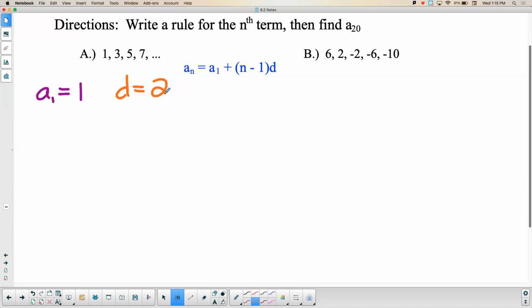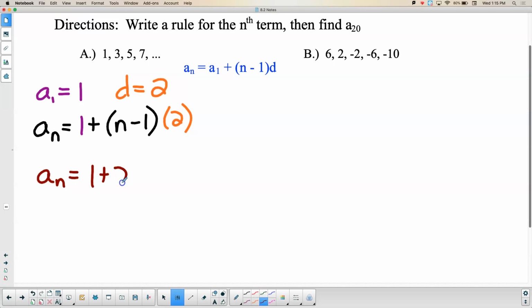Okay. Based off of that, we can now go to our formula. A sub n, or our rule I should say, is equal to my first term plus the total number of terms minus 1 times my common difference of 2. So when I'm writing my rule, I could write that as a sub n equals 1 plus 2 times n minus 1.